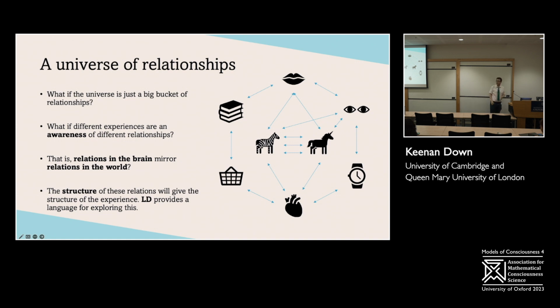If you do this, then maybe you have a way of thinking about how the brain might capture in an informational sense these relations in the world and how those might be structured. And this logarithmic decomposition and this PID more generally is one of these great directions, I think, for exploring the structure of these kinds of relational mirroring or whatever you want to call it. But I think it's going to be a really, really helpful tool.